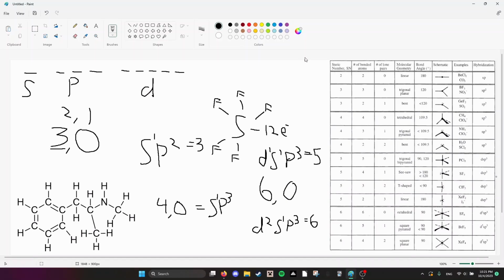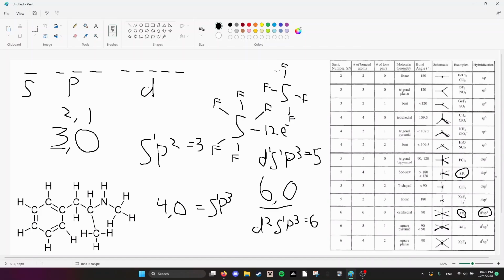And you can actually see if we look over at this chart, if we have 6 bonded atoms and 0 lone pairs, like we do right here, we follow it over. We have sulfur hexafluoride as our example, and we also have d2sp3. And some of these are actually really good examples that they give in this chart. For example, SF4, which is going to look like this. 1, 2, 3, 4.